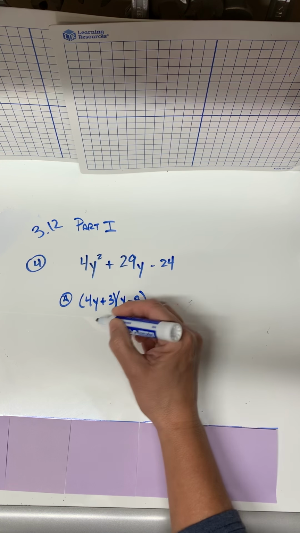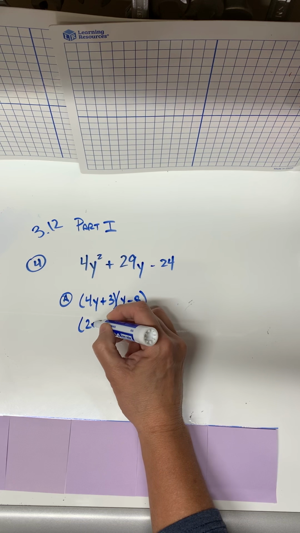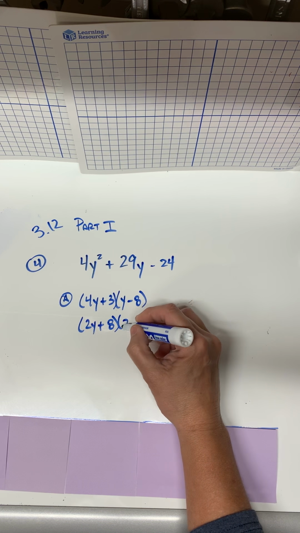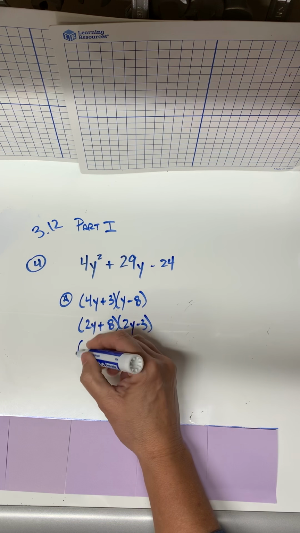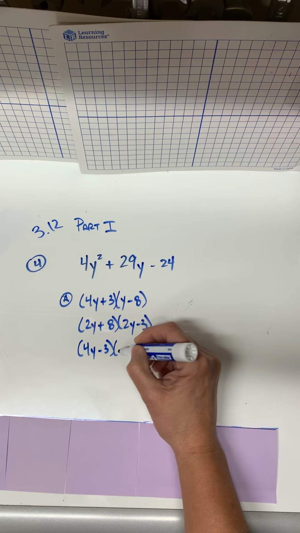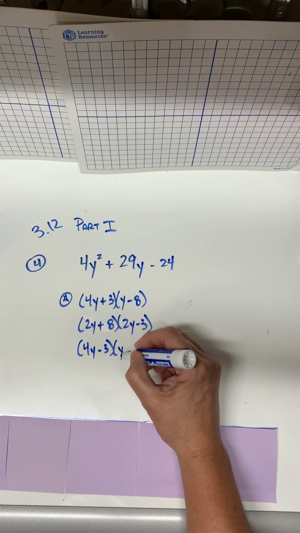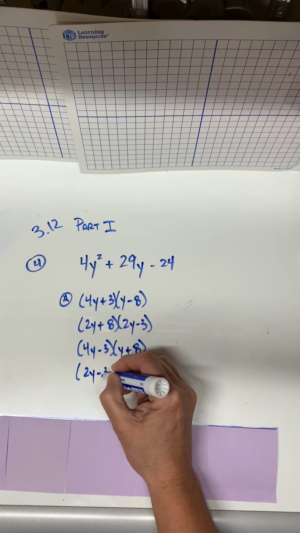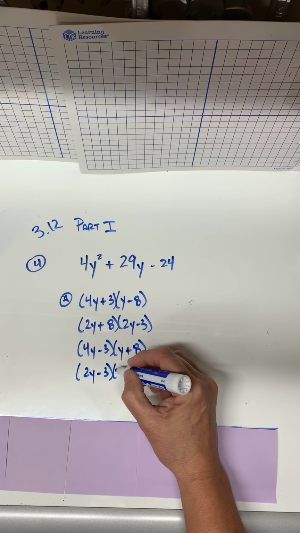So we've got 2y plus 8, 2y minus 3, and then we have 4y minus 3, y plus 8, and then the last one is 2y minus 3 and 2y plus 8.